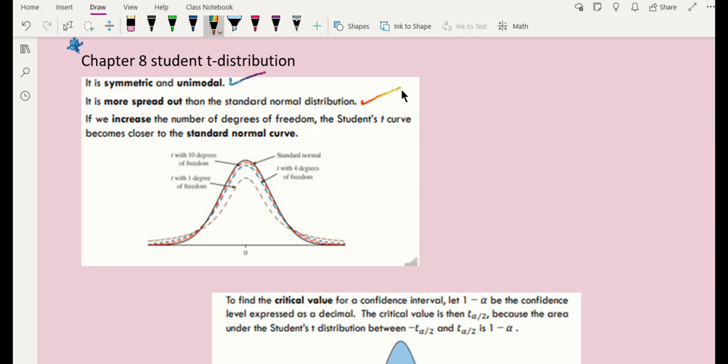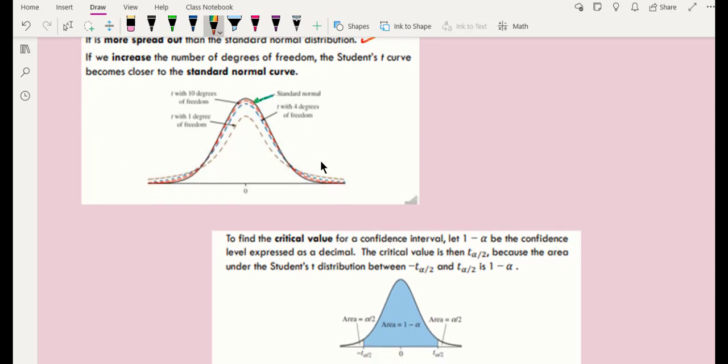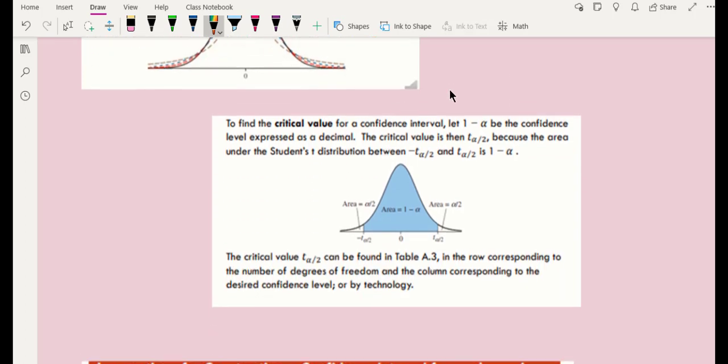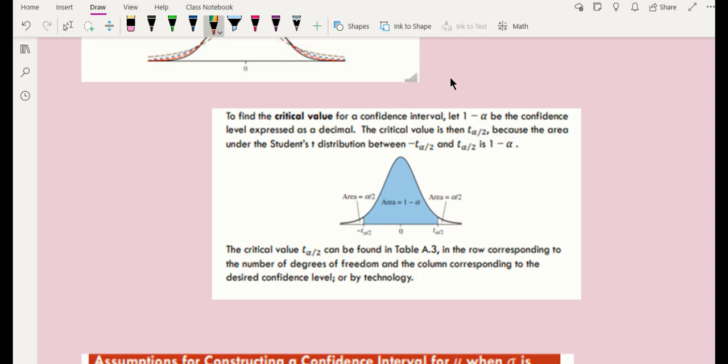If we increase the degrees of freedom, the student's t-curve becomes closer and closer to the standard normal curve, though not exactly the same. We find the critical values roughly the same way as in a normal distribution, but we call it a t critical value.